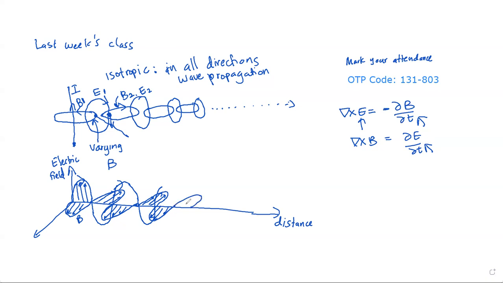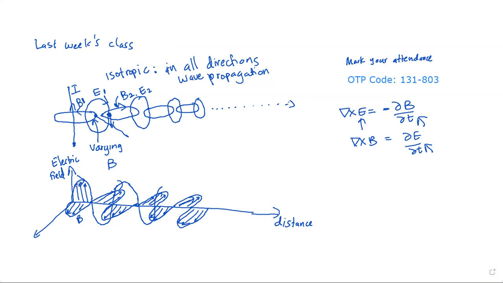So we can actually draw the waves like this, which shows the electric field and the magnetic fields and their directions. Okay, so I don't know whether I will use another color to show the other direction.